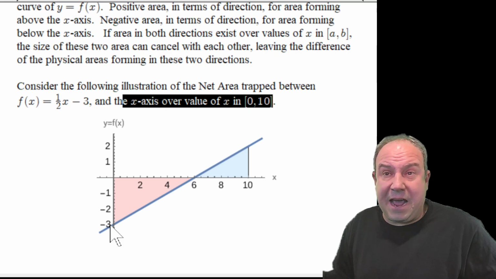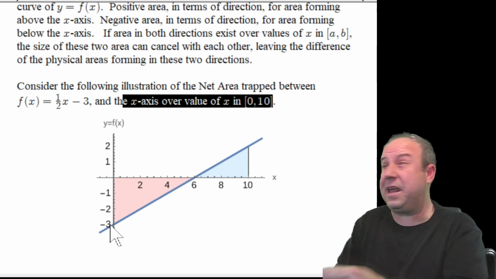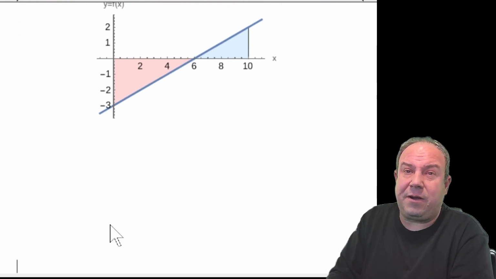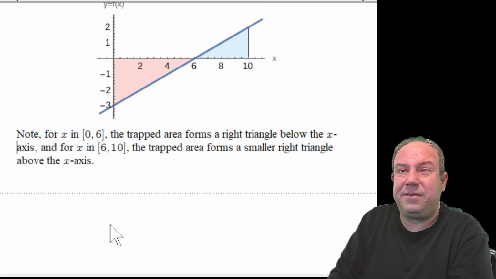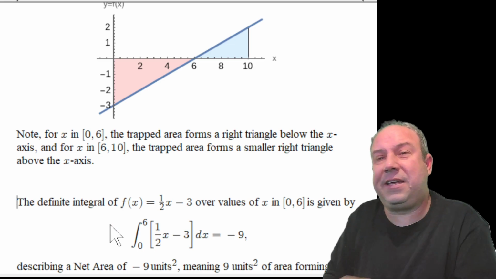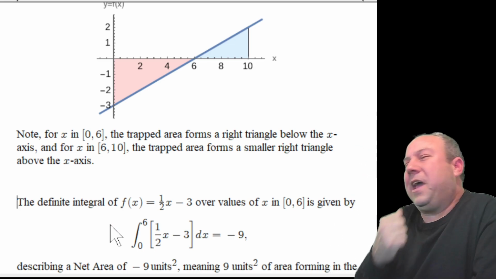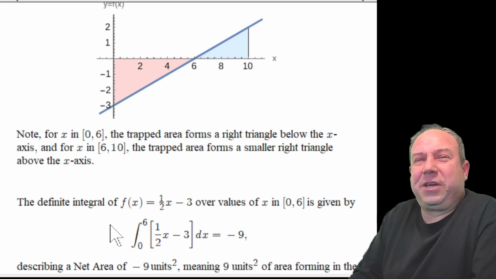Cut that in half, because we have a triangle, not a rectangle, and that will yield -9 units squared. Now, I hope I did my math right here. Again, we do have two triangles, and I did cut them in half, thank goodness. Let's double check as we go through this.